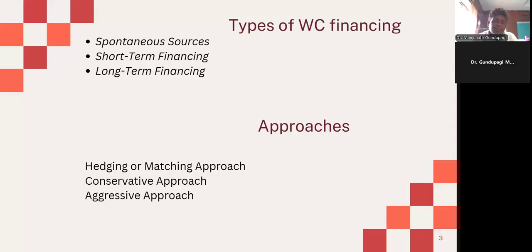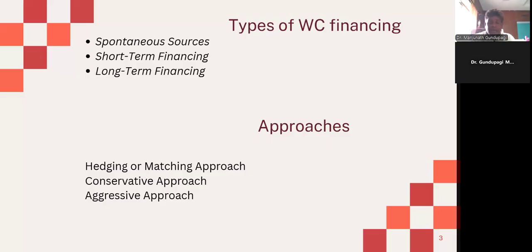We have another approach called the conservative approach. We use this approach when we want to use long-term funds for both fixed assets and a part of current assets. In this approach, the emphasis is on safety and liquidity. Even the seasonal working capital is partially financed by long-term debt.